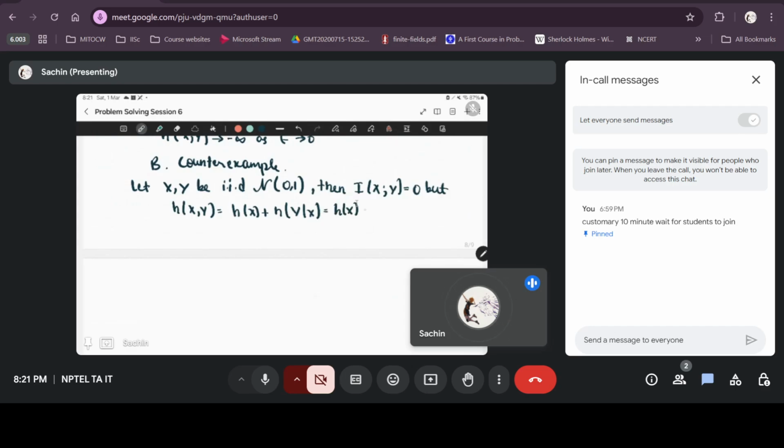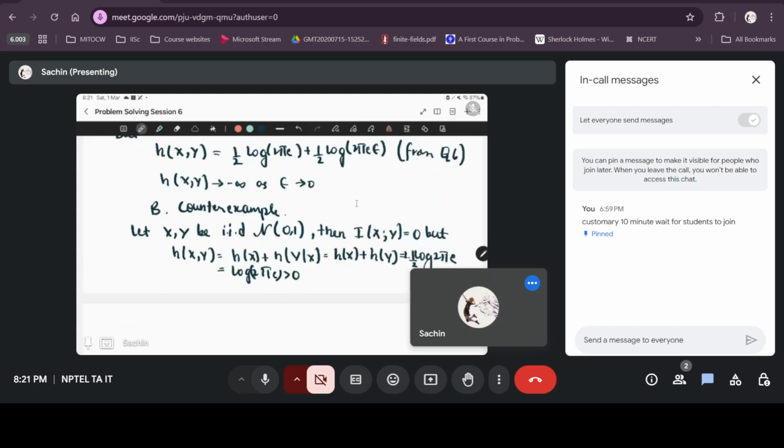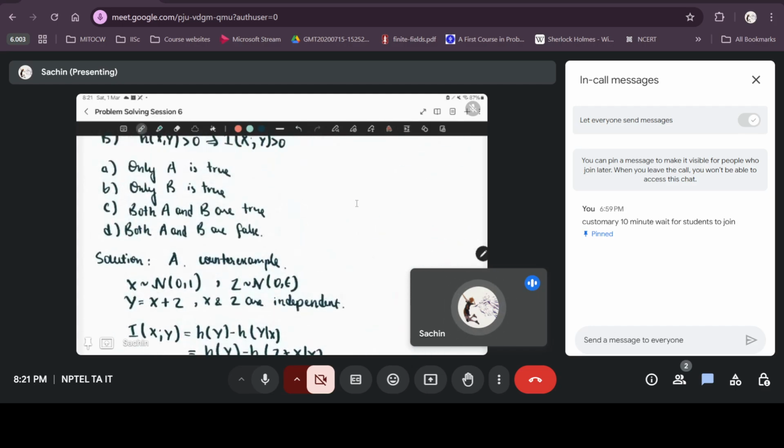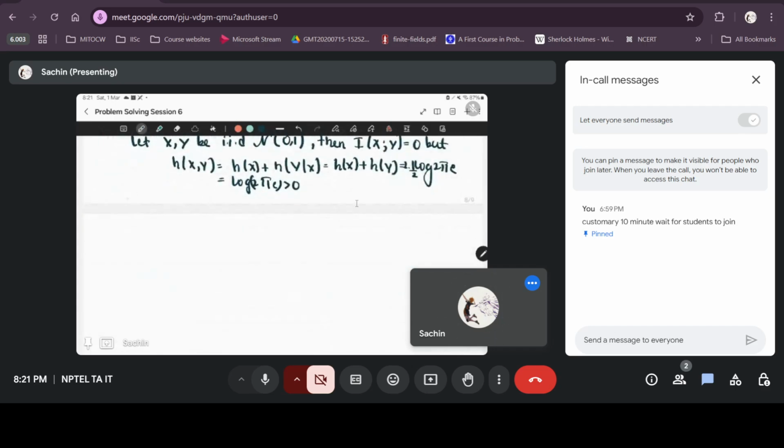So h of x plus h of y, since they are independent, which is 2 times half log 2 pi e, which is greater than 0. H of x y is greater than 0, but I of x y is 0. So B is also false. Therefore, both A and B are false. We have shown that through counterexamples.